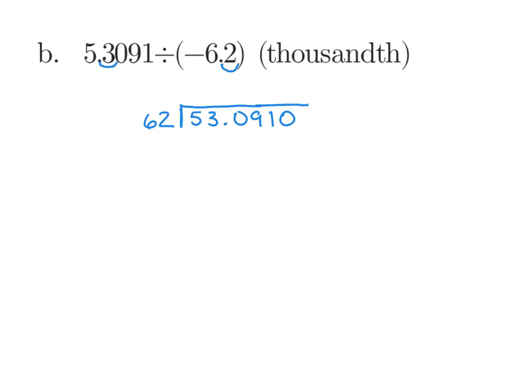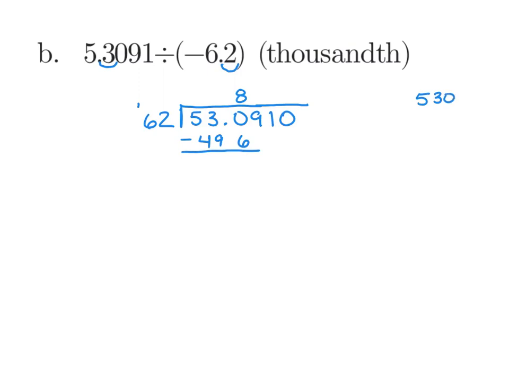62 does not go into 53, it does go into 530. And I think it goes in 8 times. Let's try it. We get 8 times 2 is 16. Carry the 1. 8 times 6 is 48, plus 1 is 49. We subtract. I'm going to come off to the side because these subtractions are getting a little crazy.